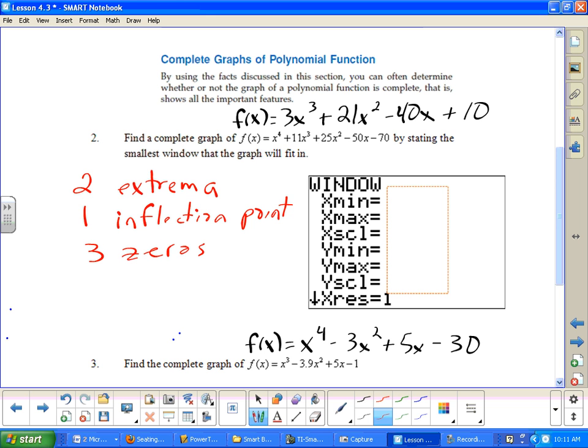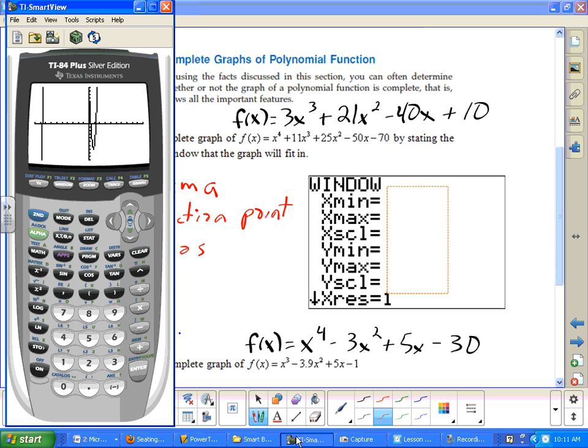Right? So let's look at this graph. Now, I can see a 0 here at about -8, a 0 around 0, and 1 at 1. So I do see the 3 zeros, okay, but I only see 1 extrema. Okay, I only see this minimum down here between 0 and 1, around there. So I need to find the max.